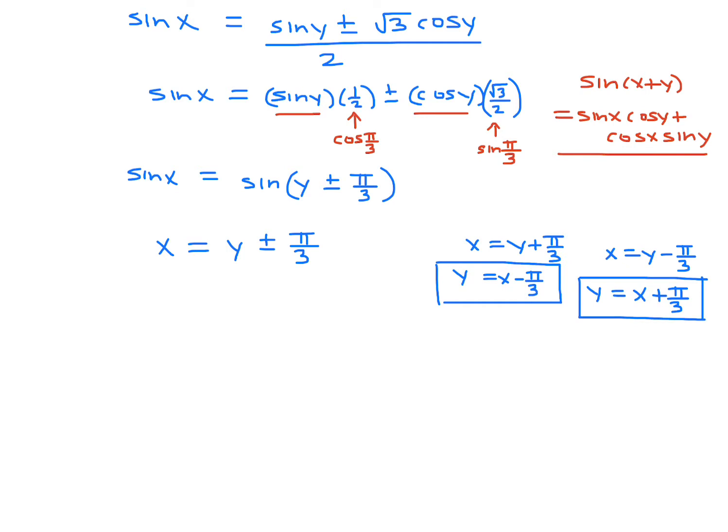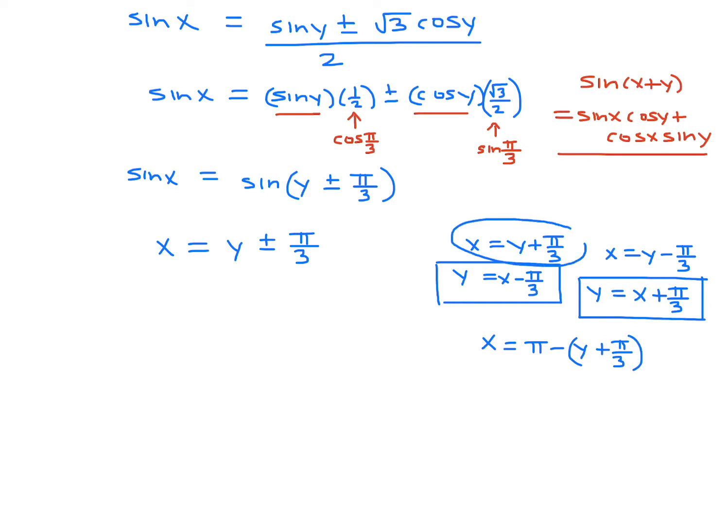And there's one more equation that this will give us that will help us tremendously in terms of giving us a boundary. And that is that y, or rather x, is equal to pi minus y plus pi over 3. Like that.